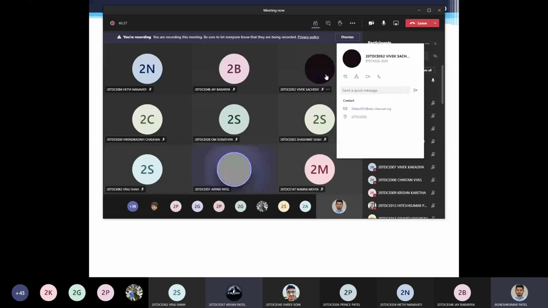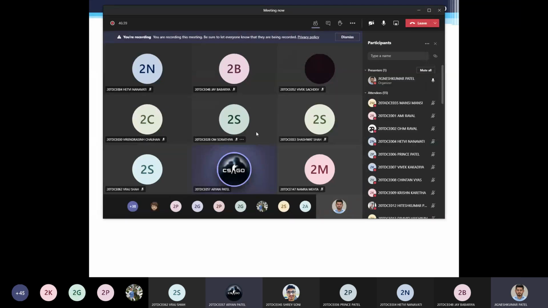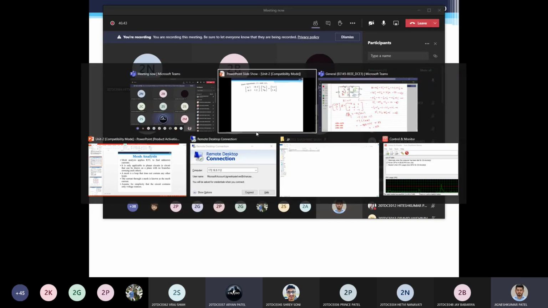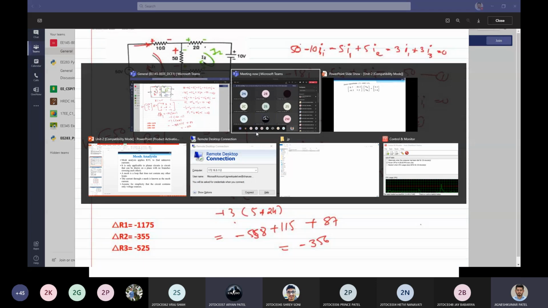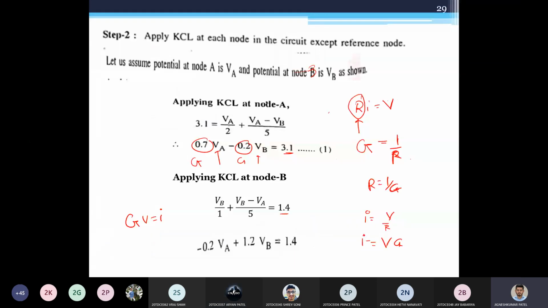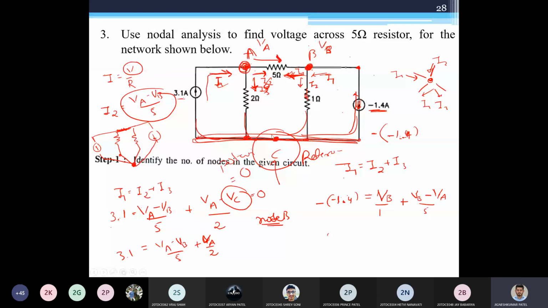Sir, the reference point means any point we can take out of the three? You can take any point, but we prefer to take the point which is always at zero potential.